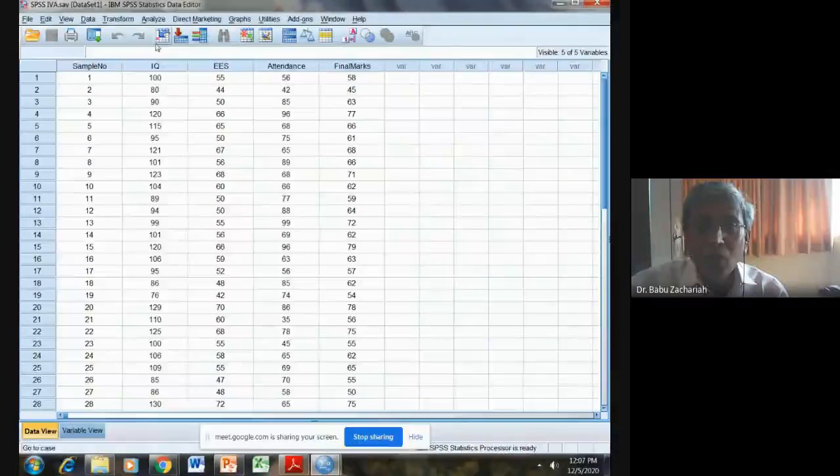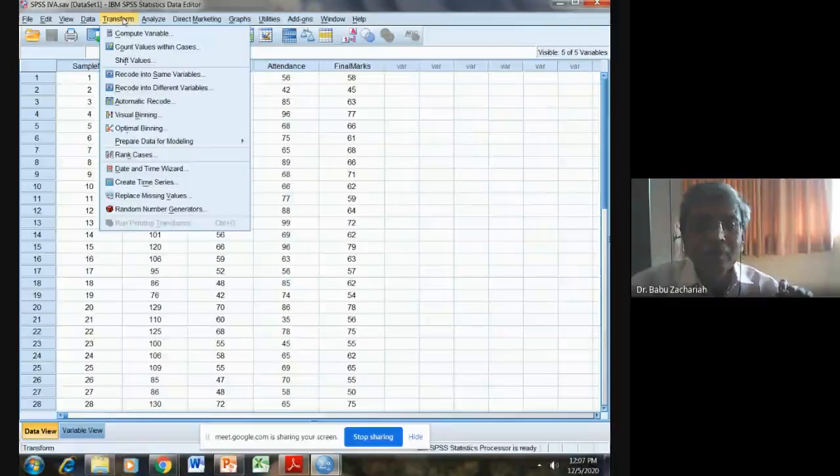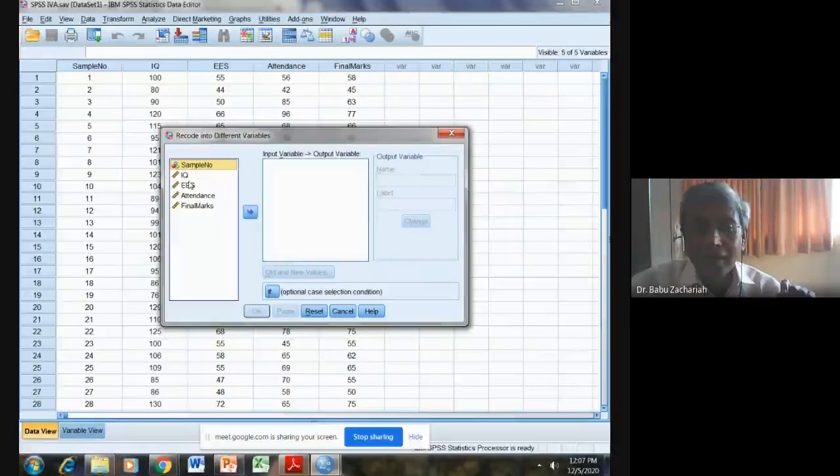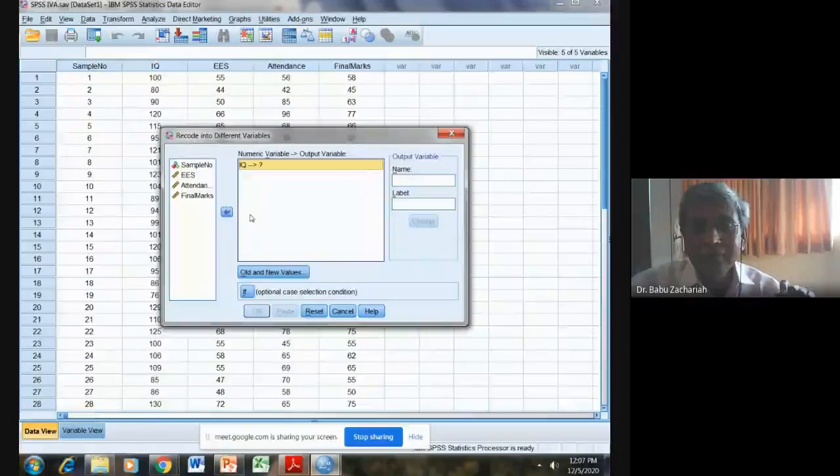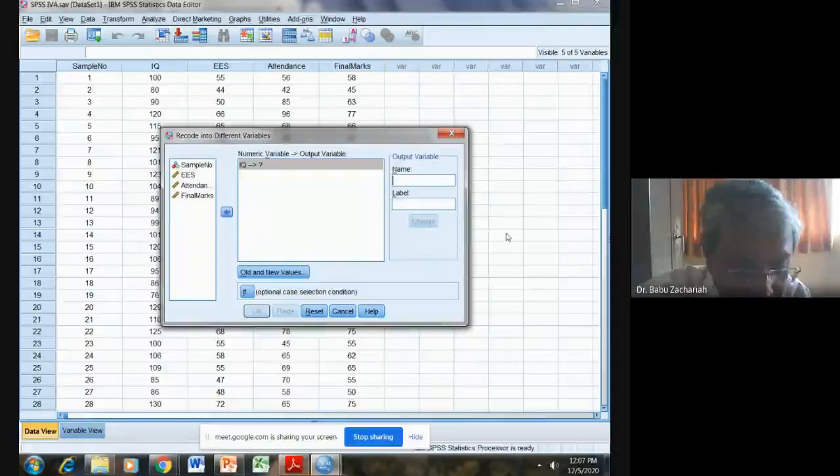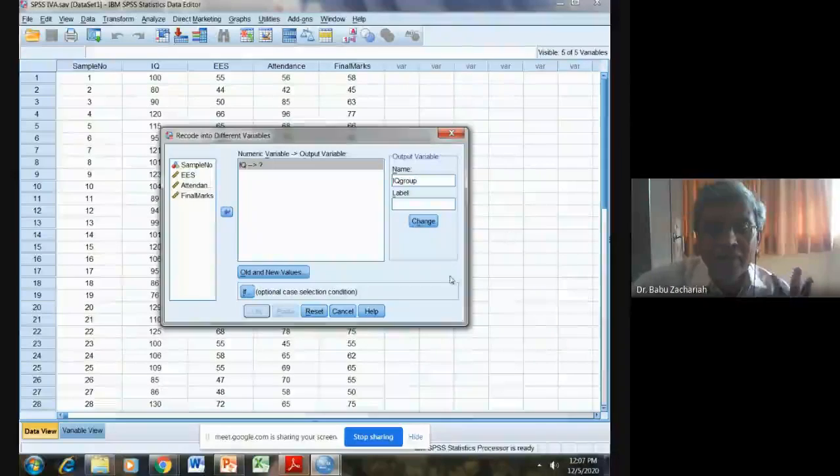For recoding, I have done it earlier also; I don't know whether you remember. We have to go to the Transform menu and here choose recode into different variables. Here I'm bothered about IQ, so I move it here. For the new variable name, I will give IQ group, and click here to change.